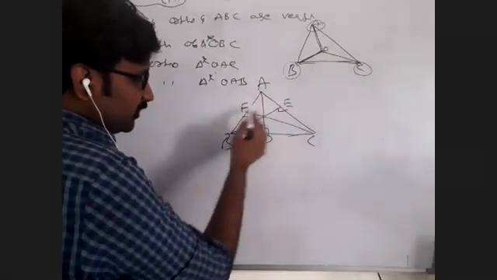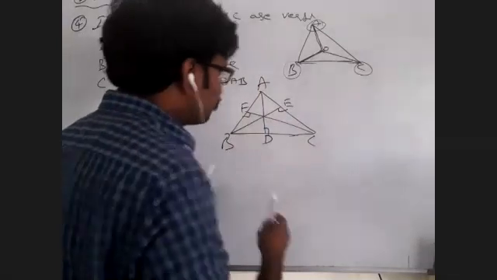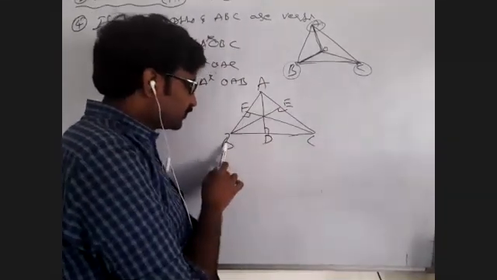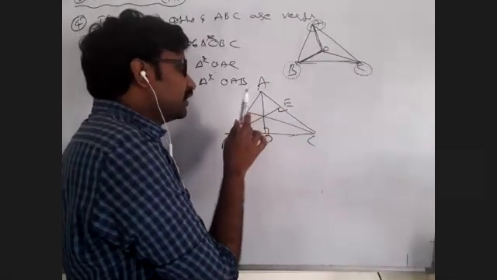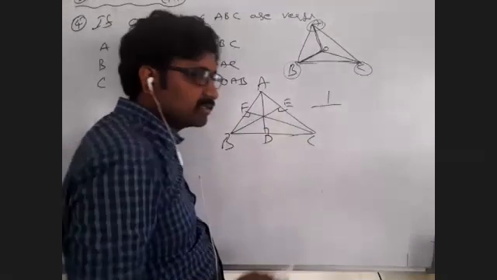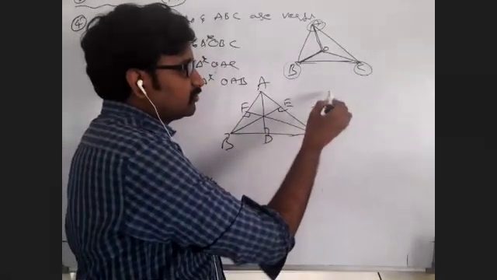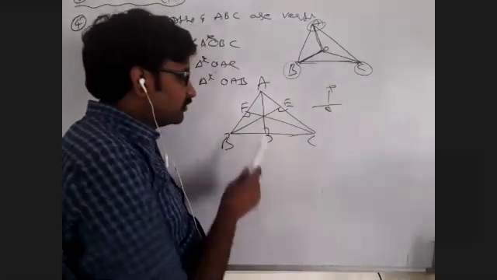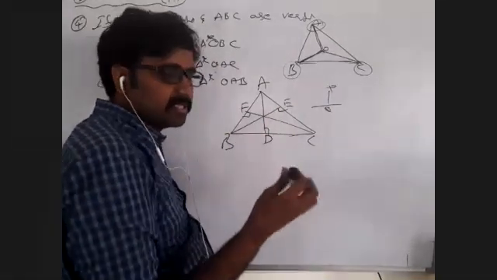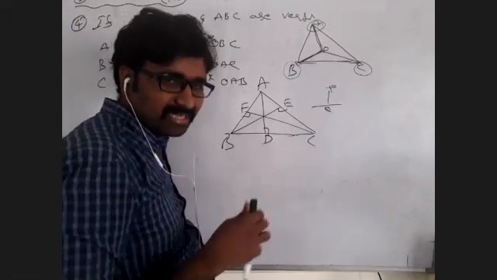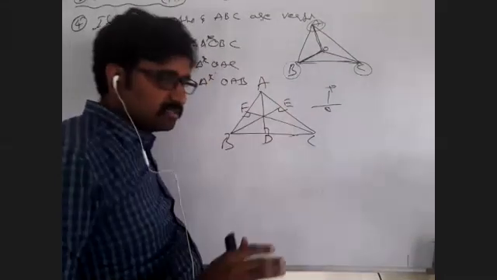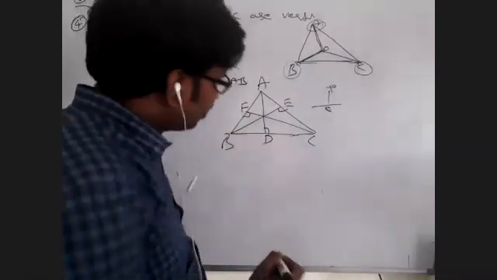D is the foot of perpendicular from A, E is the foot of perpendicular from B, and F is the foot of perpendicular from C. We know the foot theorem like this. These D, E, F are called feet of perpendiculars from the vertices of the triangle ABC.